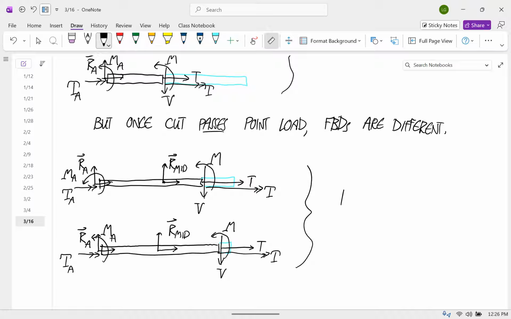And these free body diagrams are the same.